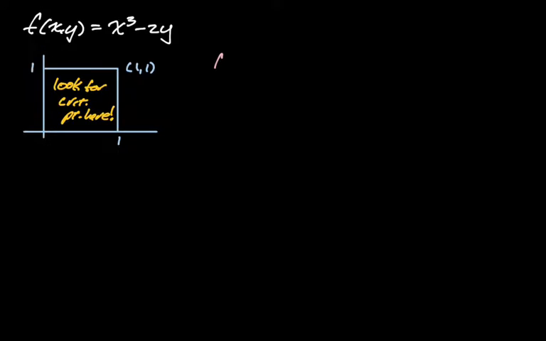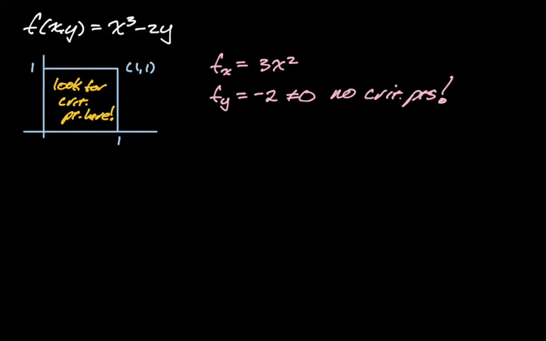So I'm going to find partial x, I'm going to find partial y, and if you're thinking ahead, you will notice we are not going to get any critical points because partial x is 3x squared, partial y is -2, which, as we have seen many times, is not equal to 0. So there are no critical points because any critical point would need to have partial y equals 0, and it never does. So that's not fun. So there are no critical points.